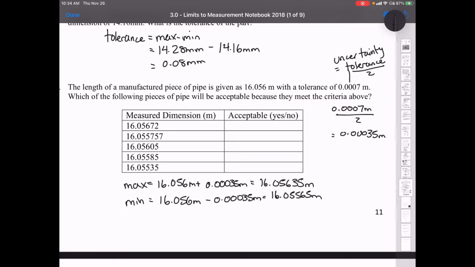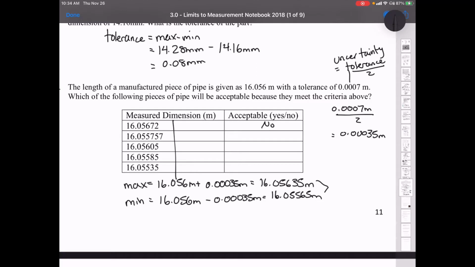Now that we have those maximum and minimum values, all we have to do is figure out if these values up here are between those two max and min values. So we've got 16.05672, which is above our maximum, so that is an unacceptable piece.